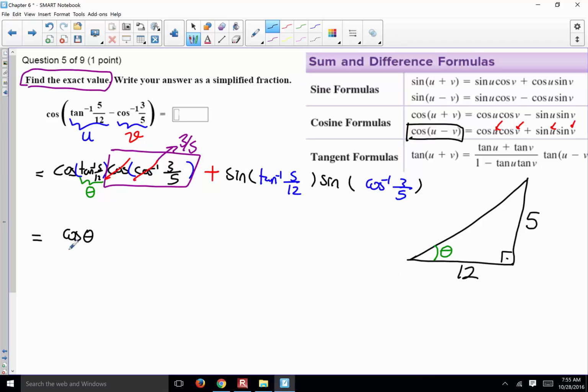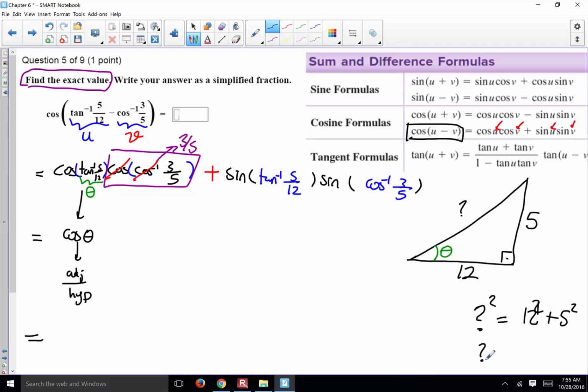Now what is cosine theta? Cosine theta is adjacent over hypotenuse. What is the hypotenuse here? We don't know, but can you get that question mark? Hypotenuse squared is the squares of the legs added up, right?